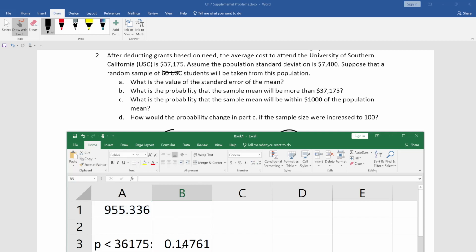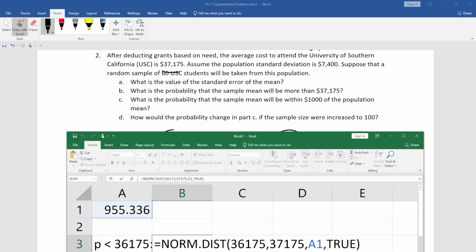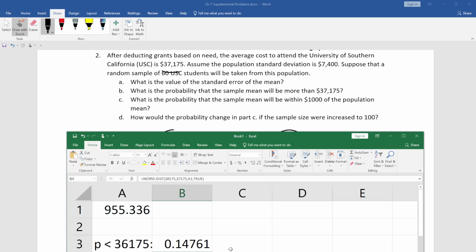Let me just double check everything that I did. Okay, so then we're just going to subtract the larger one minus the smaller one. So that's going to be our answer, 0.70479.